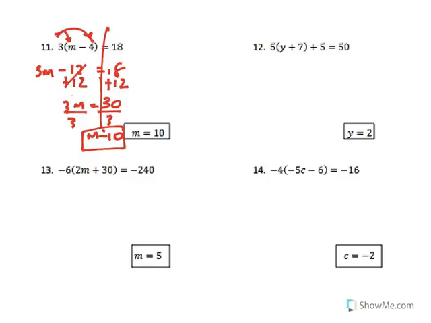This next one here, get rid of the parentheses. We get 5y plus 35 plus 5 equals 50. I combine my like terms.